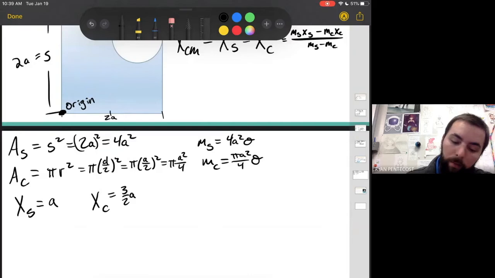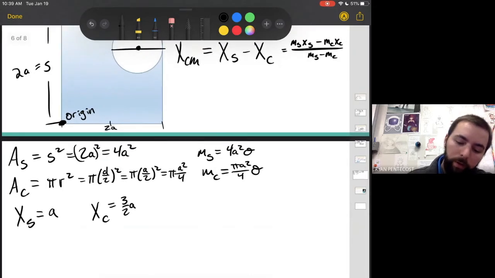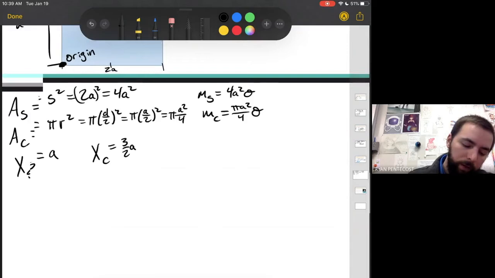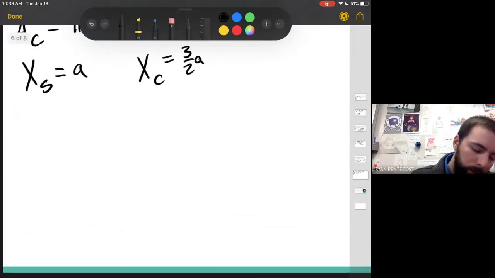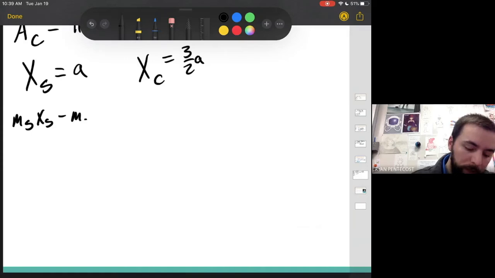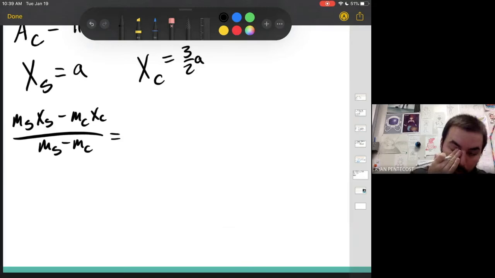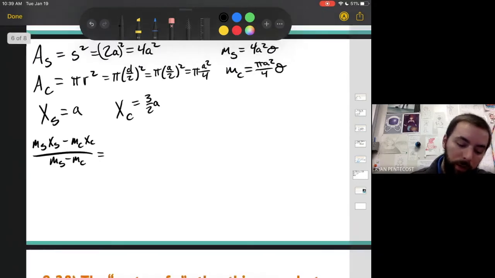Now that we have all that, we can plug it into this equation up here. I'm going to do it down below so that I've got more room. We've got the mass of the square times x of the square, minus the mass of the circle times x of the circle, divided by the difference in masses. Now this is where the math is going to get kind of hairy.